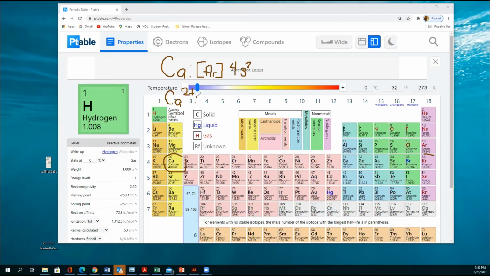In the case of calcium 2+, we're losing 2 electrons because it wants to be like argon. We get rid of the 4s2 and don't touch the core, so it has exactly the same number of electrons as argon. Make sense?